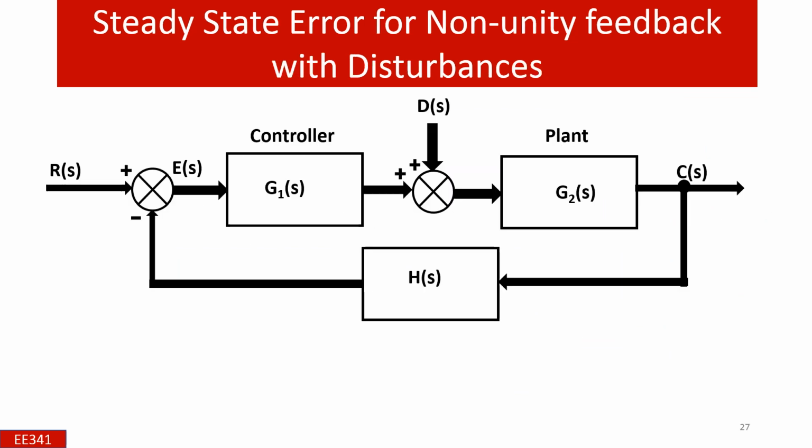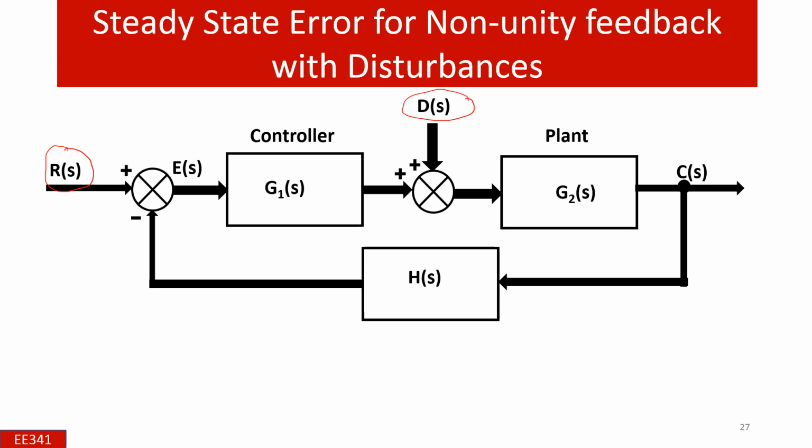To find the steady state error for non-unity feedback, and also with some unwanted disturbances here, is slightly tricky. We can handle it in different ways, but in chapter 5 we see that if there are two inputs for the same system, for example R(s) and D(s) in this case, and our course is linear control systems, so we are talking about LTI systems.